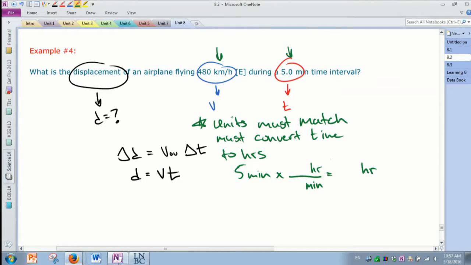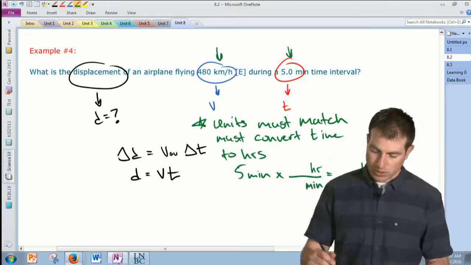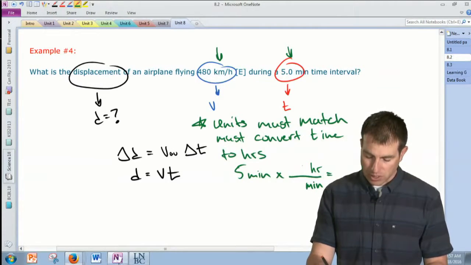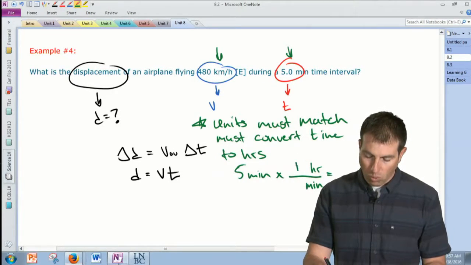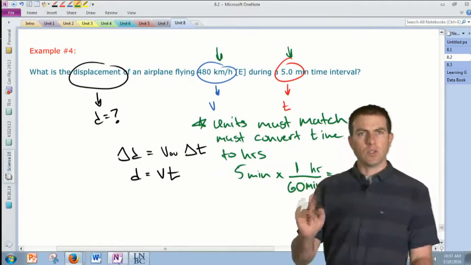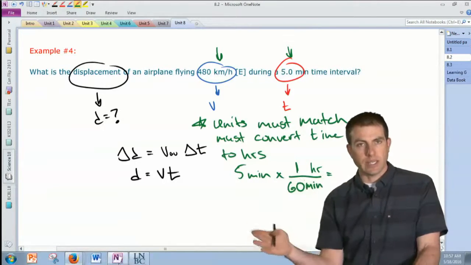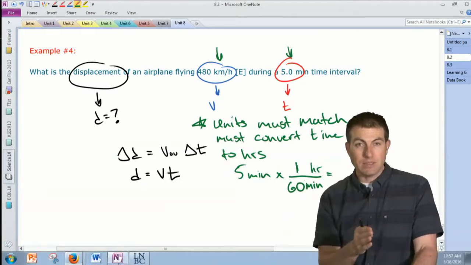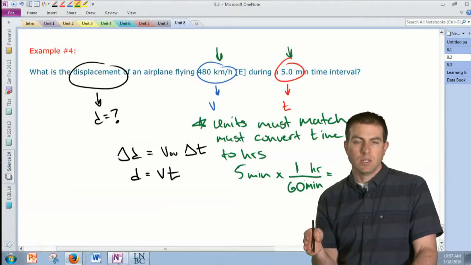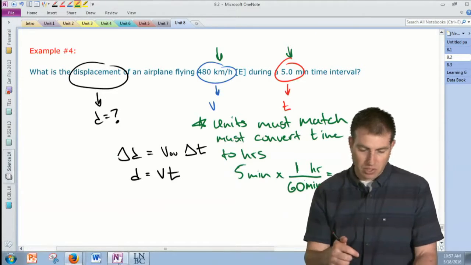Now, we haven't talked about the relationship between minutes and hours, but you know what it is. You know how many minutes are in an hour. So if I have 1 hour, that is 60 minutes. So I'm not using 3600 here. I'm not going from hours to seconds. I'm going from minutes to hours, which is a little bit different than what we've done so far.